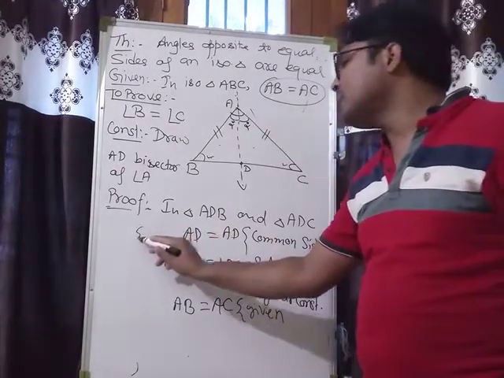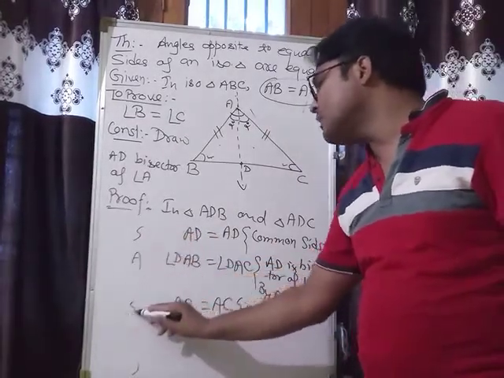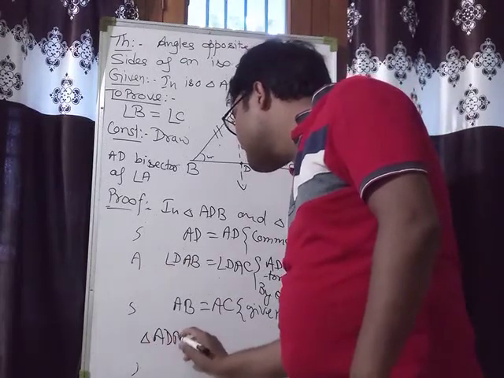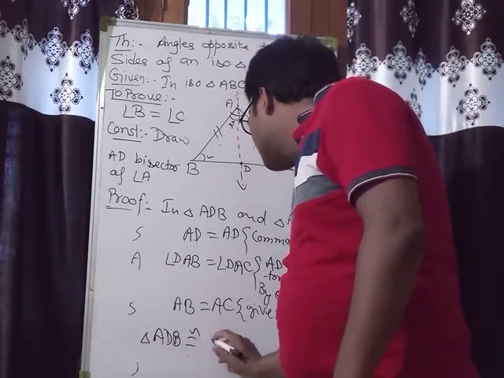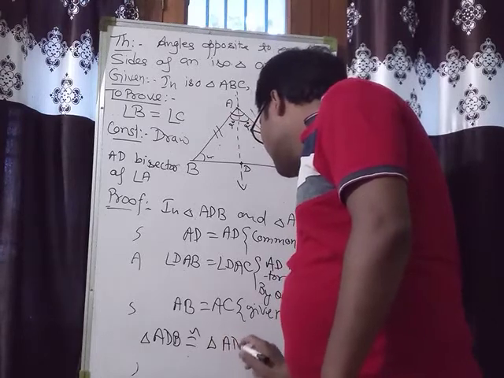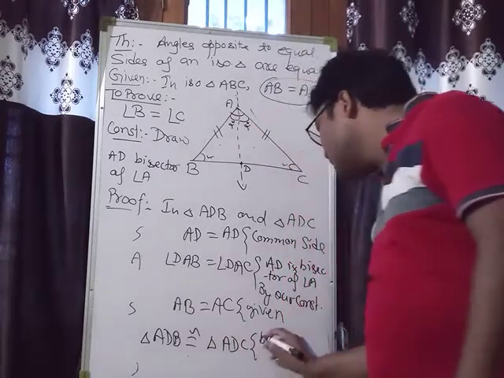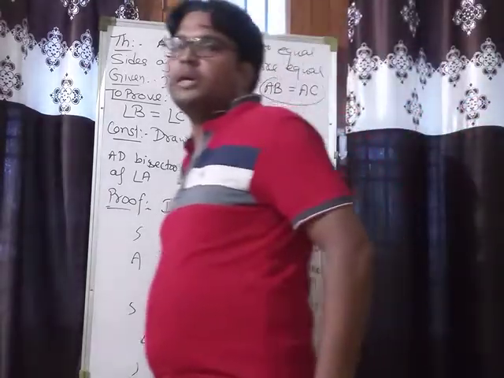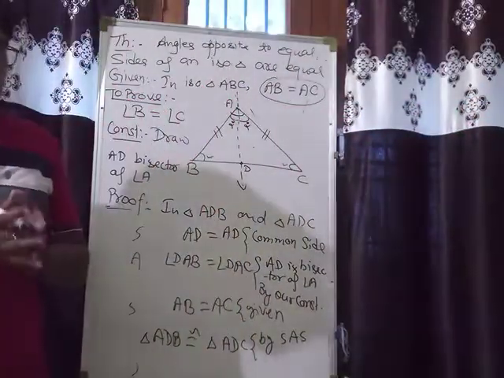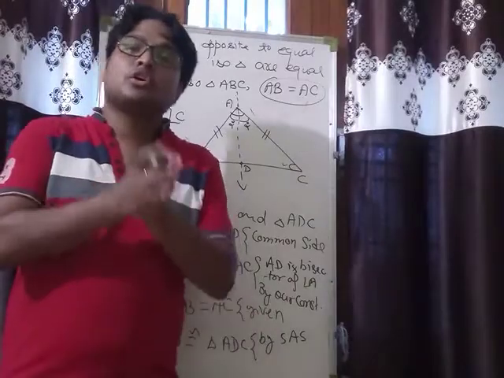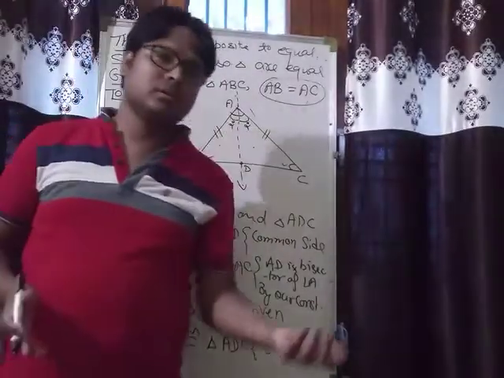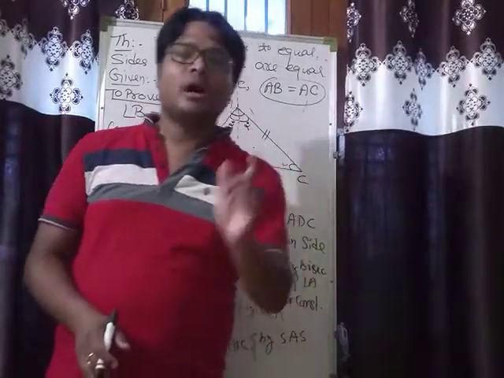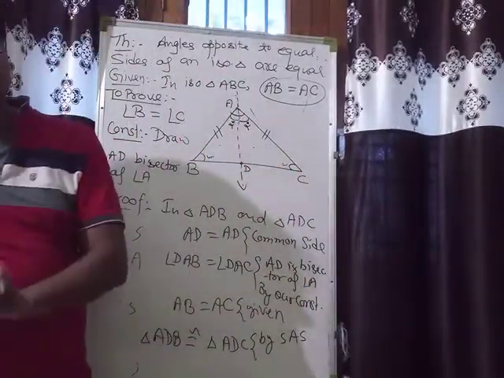So by the side angle side property, triangle ADB is congruent to triangle ADC. Okay, and we know that if two triangles are congruent, their corresponding parts are equal. Parts means their corresponding angles are equal, also their corresponding sides are equal.